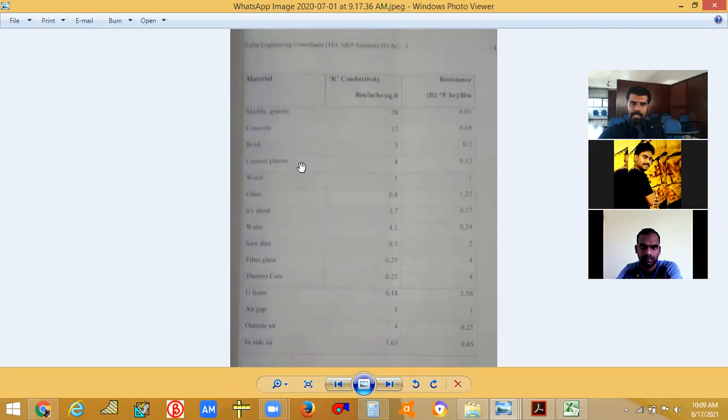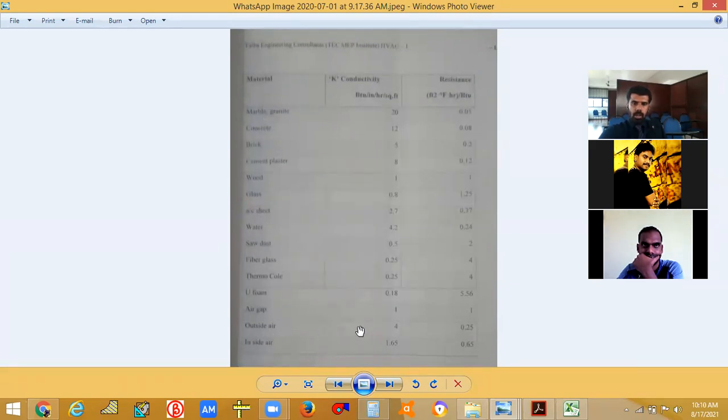For cement plaster, the thermal conductivity is 8 and the resistance is 0.12. Wood is 1 and the resistance is also 1. Glass is 0.8 and the resistance is 1.25. AC sheet is 2.7 and 0.37, water is 4.2 and 0.24. So different materials have been given.